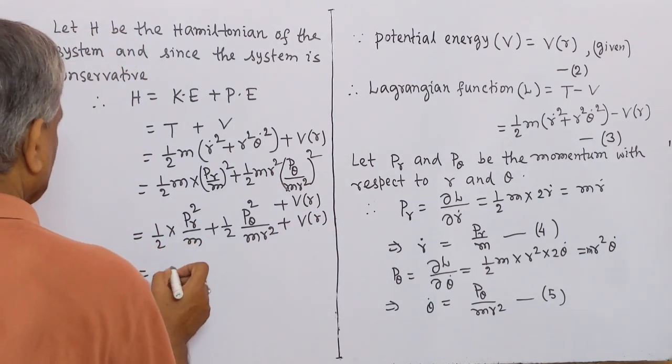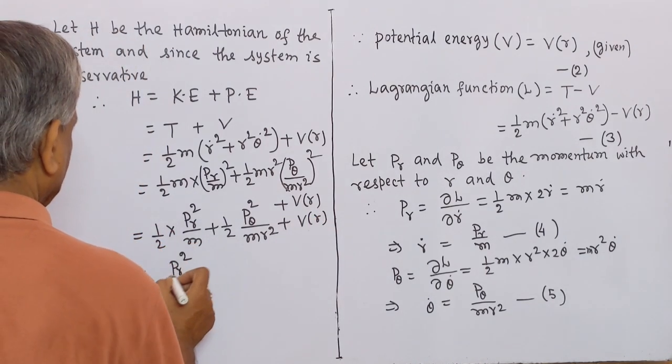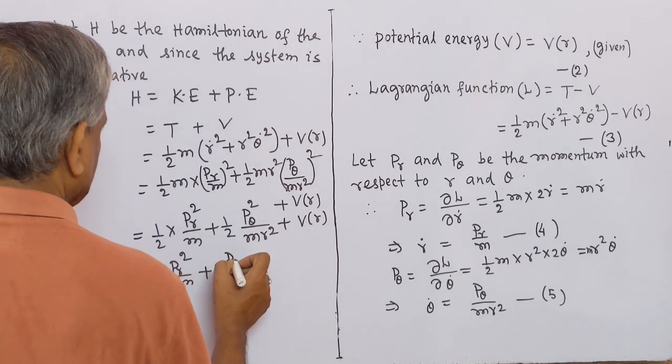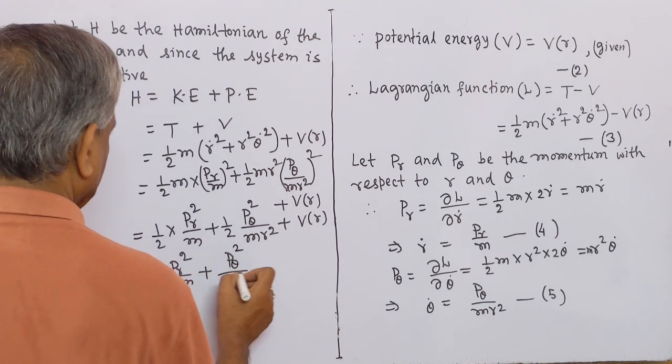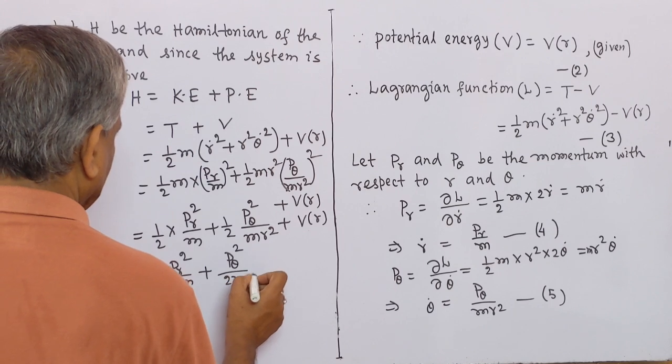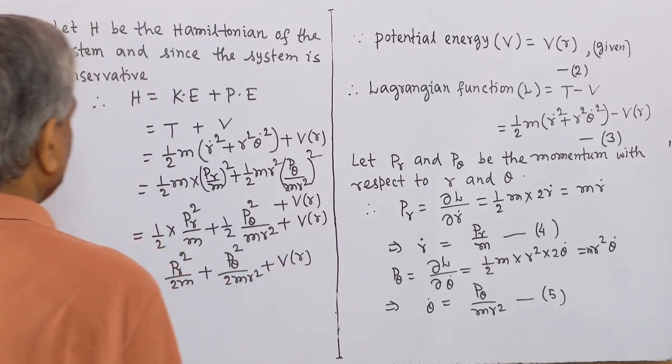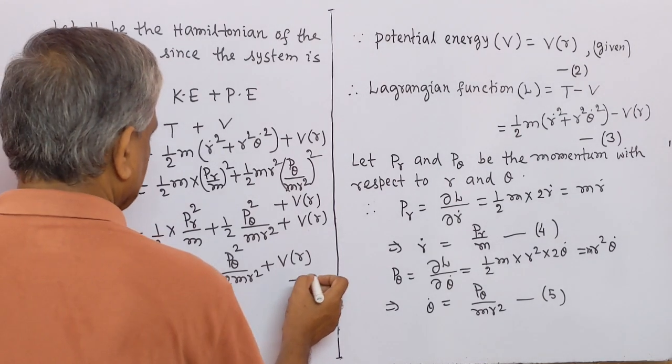We may write this as Pr square by 2m plus p theta square by 2m r square plus V, a function of r. Let this be number 6.